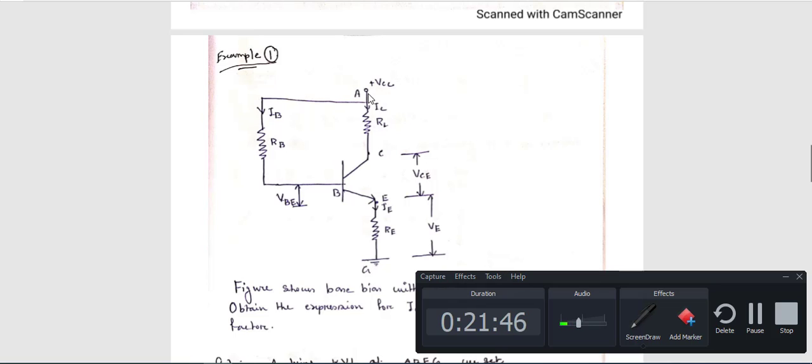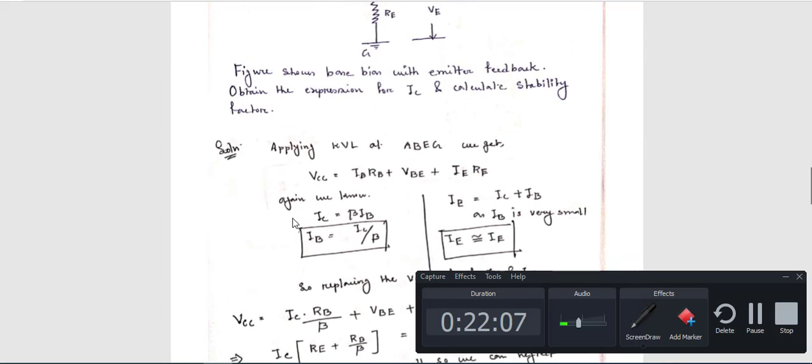You can consider VCC from this loop, and also from the inner loop. I am considering this loop. So your VCC will be IB RB plus the voltage across the base emitter, VBE, plus the voltage across RE. That means VCC can be written as IB RB plus VBE plus IE RE.